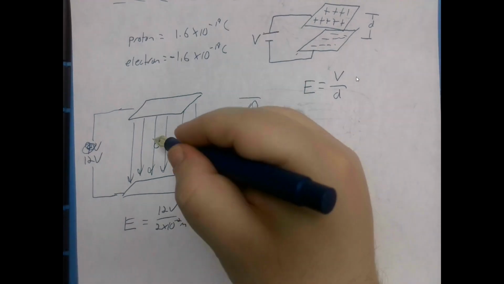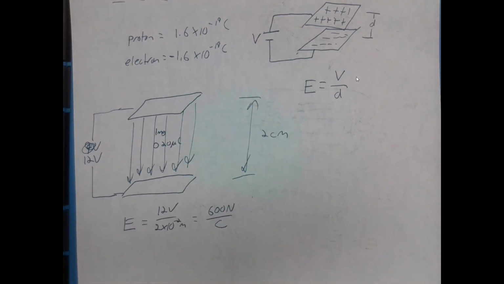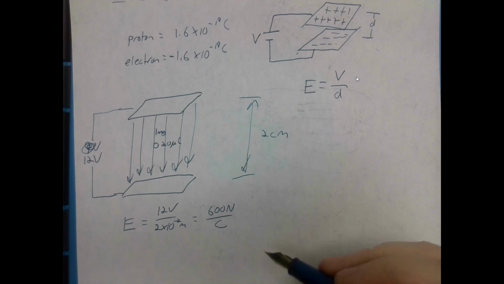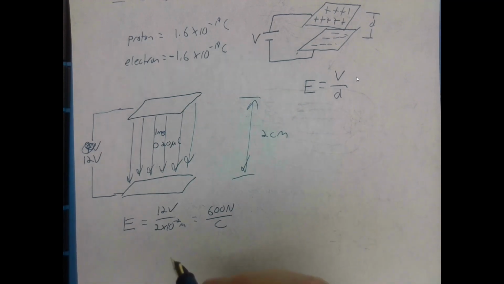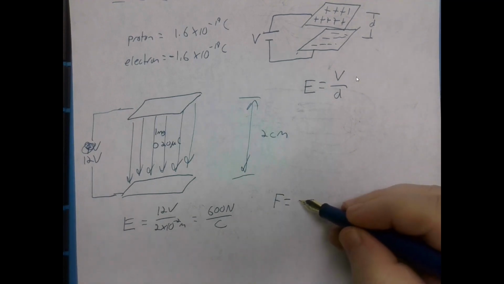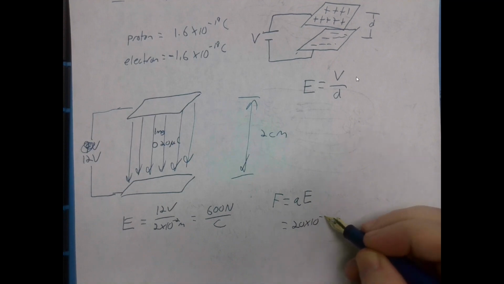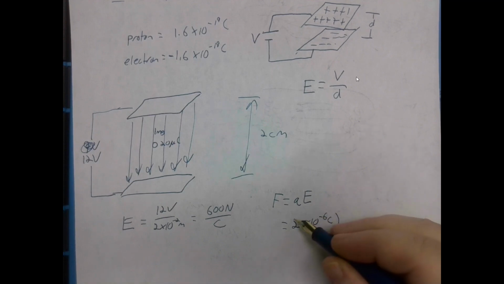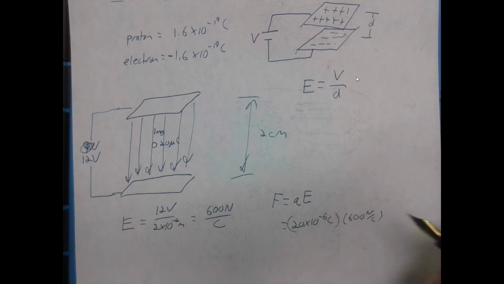And let's say that this has a mass of 1 milligram. A little tiny speck. Then the force on it would be equal to Q times the field strength. So that would be 20 times 10 to the negative 6 coulombs times our field strength of 600 newtons per coulomb.